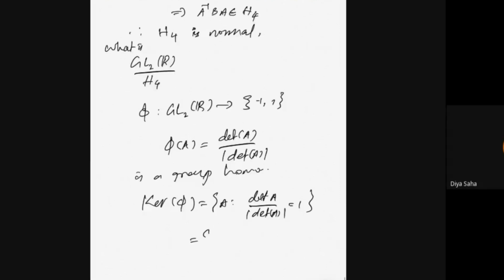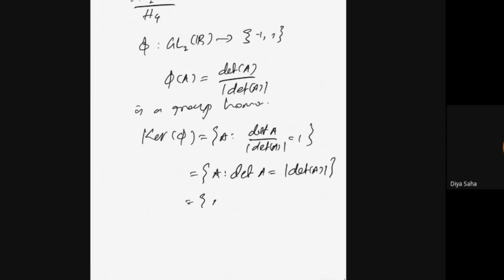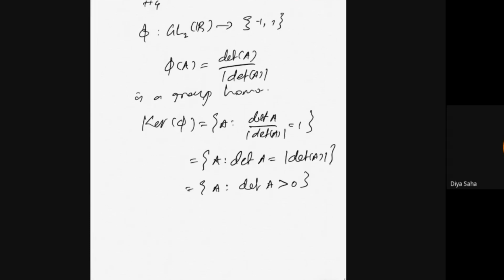So this is A such that the determinant of A equals the mod of the determinant of A. That means the determinant of A has to be positive, since x equal to mod x means x is positive. So this is our H4.